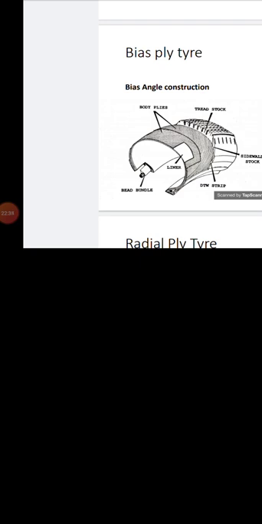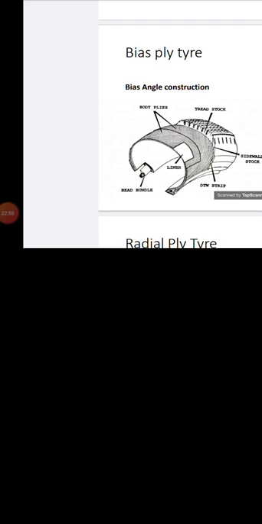And by holding the tread shape, belted tires run cooler and improve fuel consumption, traction and double blowout resistance when compared to the bias ply tire or the bias angle construction type of tire.